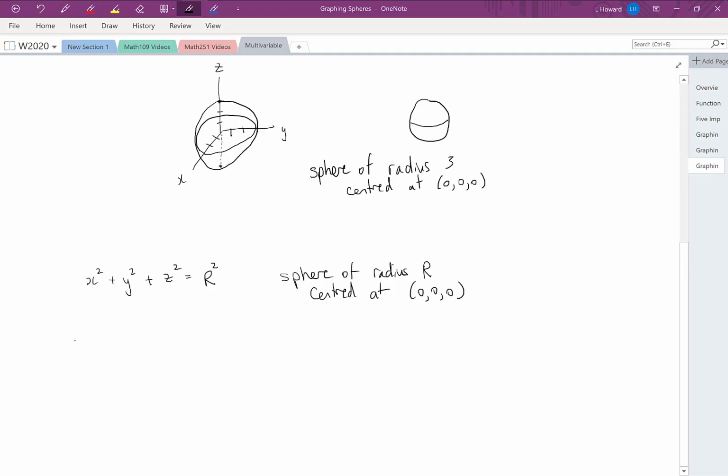If we like, we could shift that sphere. We could do something like (x minus 1) squared plus (y plus 2) squared plus, let's say, (z plus 3) squared equals R squared. So that now is still a sphere of radius R.